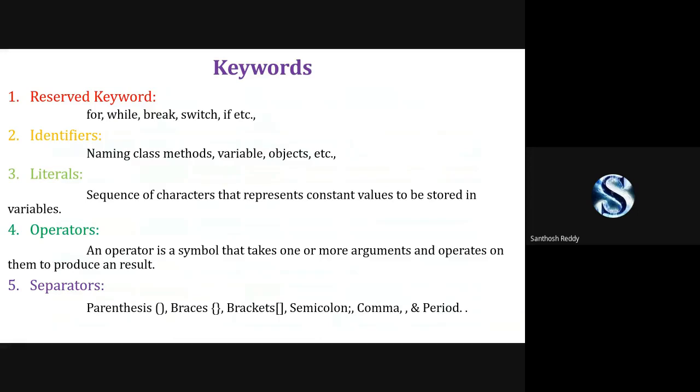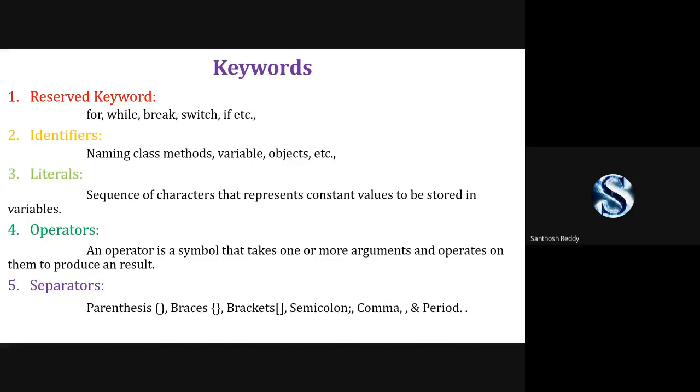Okay, next, coming to your keywords. There are 5 different keywords: reserved keywords, identifiers, literals, operators, and separators. First, I come to the reserved keyword. Reserved keyword means it is already used in your program by default.